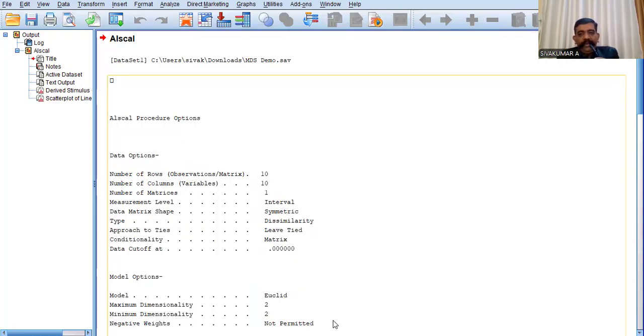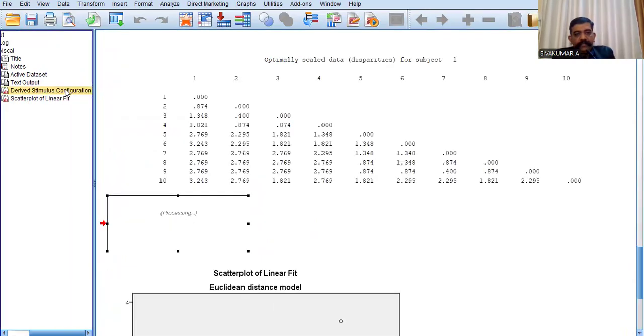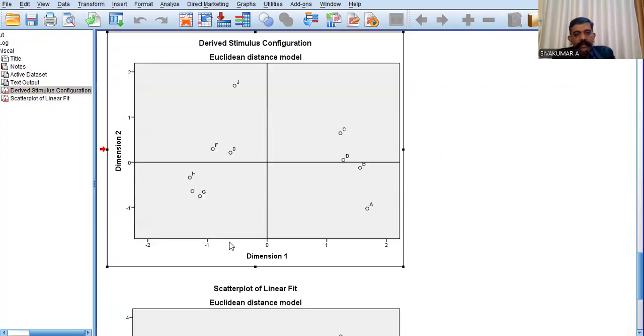Here the most important thing is that you have to find out the similarities and dissimilarities among the different objects. That is very, very important. Please see the graph. Here you can see two dimensions.